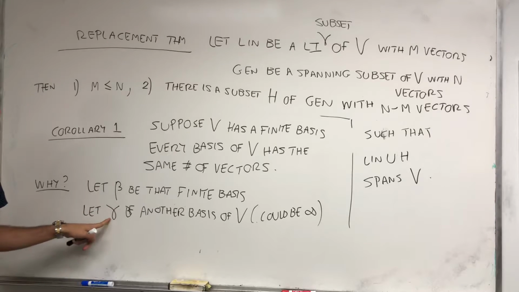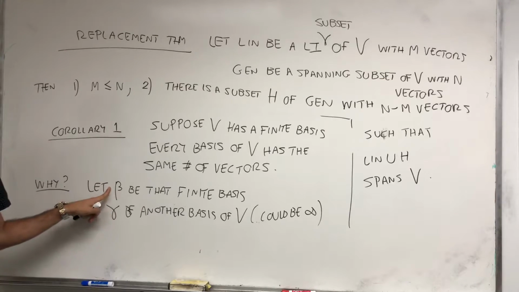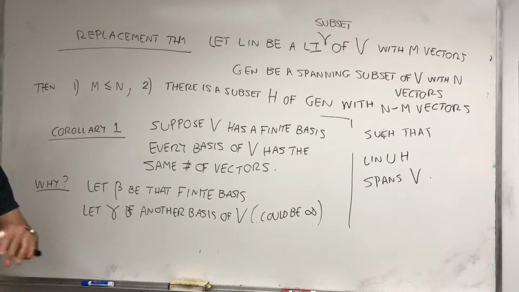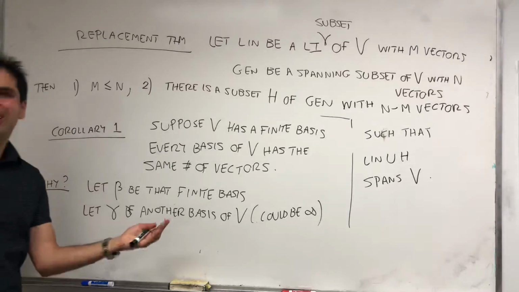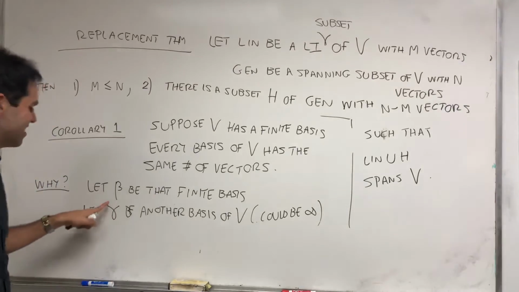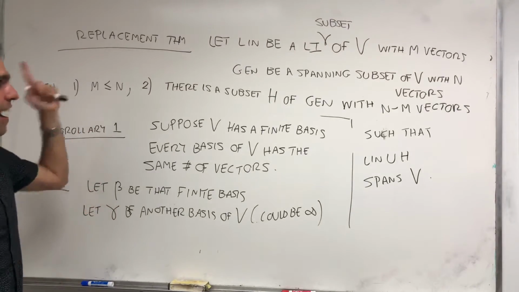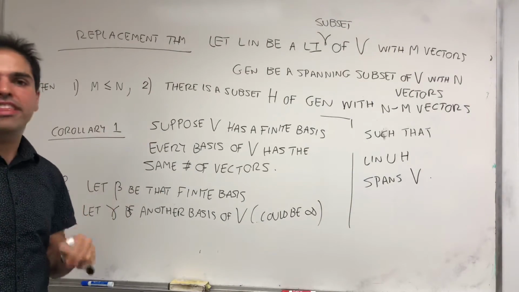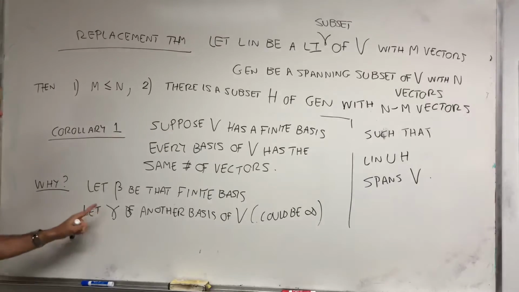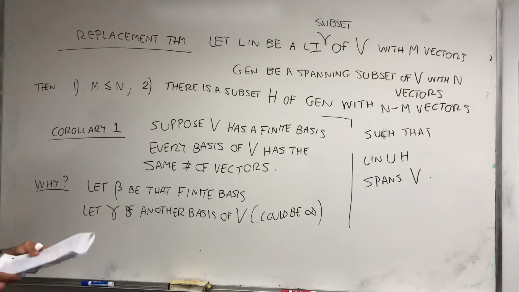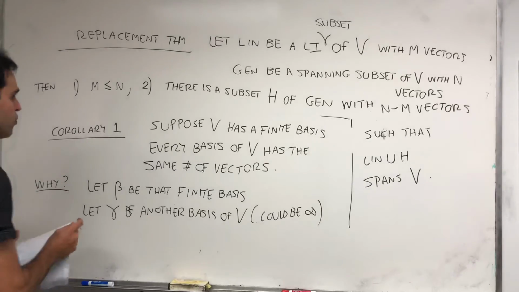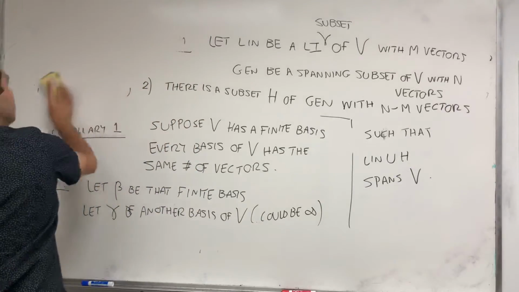On the other hand, gamma is linearly independent and beta spans, so gamma has to be smaller than beta, and therefore they have to be equal. Great argument, I know, I'm so proud of myself, except, again, it's possible that gamma is infinite, and the replacement theorem doesn't hold for infinite sets. So we just have to tweak this a little bit, and therefore, let's do the proof. So suppose, fortunately I have to erase this.